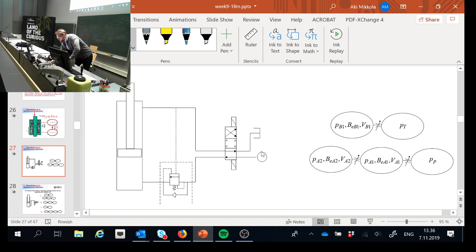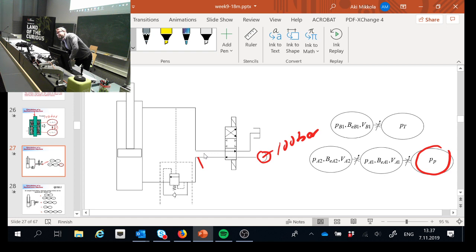First, I have here this pressure source, which is called PP. Is it fair to assume that if the pressure source has a numerical value, say 100 bars, this is going to be 100 bars as well?